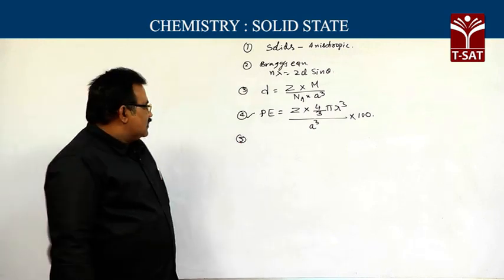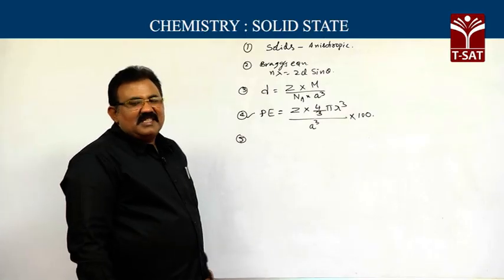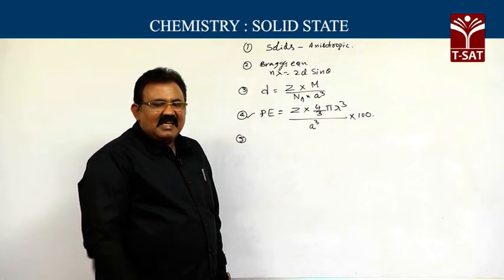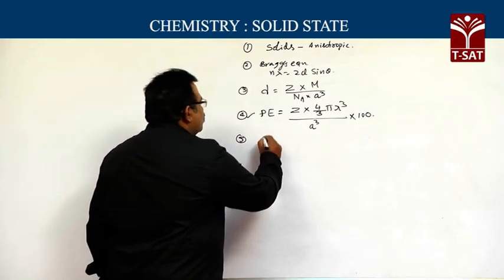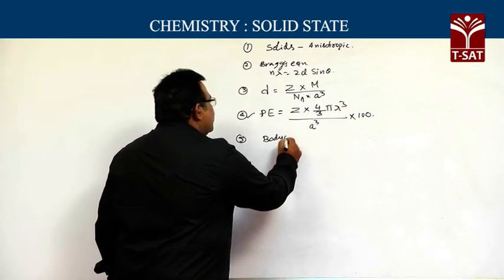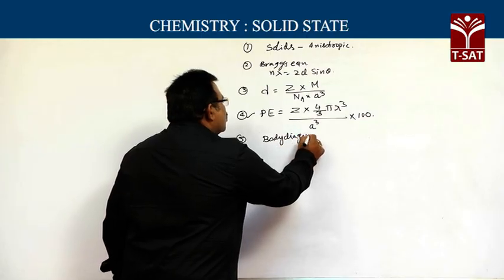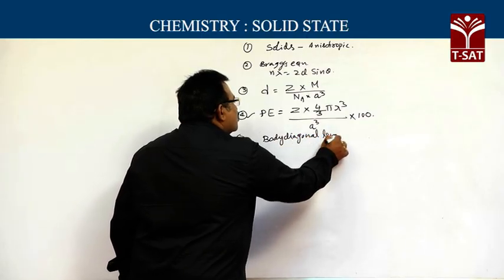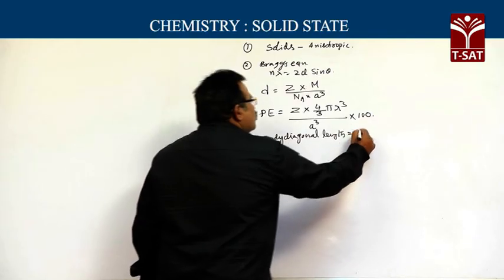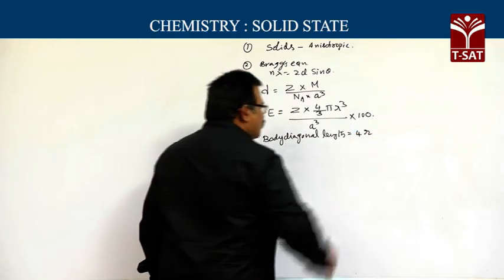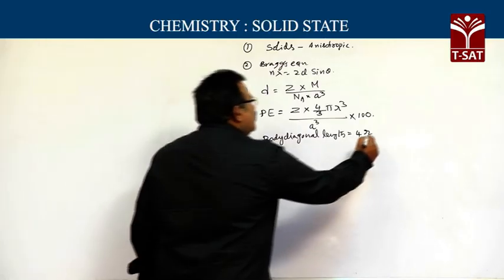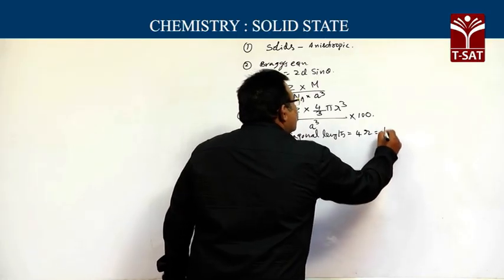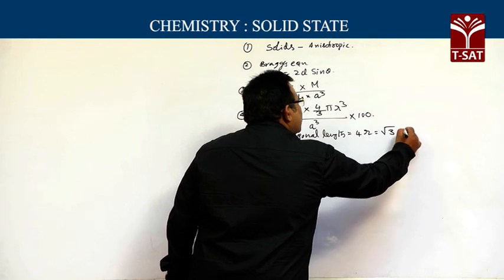In BCC, nearest atoms are observed at the body diagonal. Therefore, body diagonal length is equal to the radius of 4 spheres, that will be equal to root 3 into a.